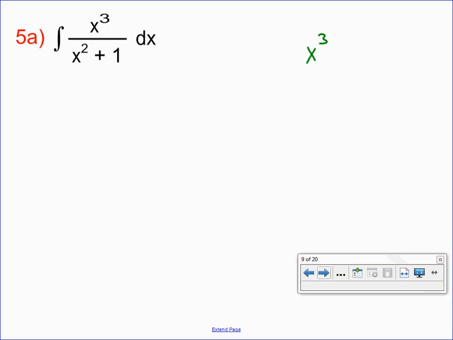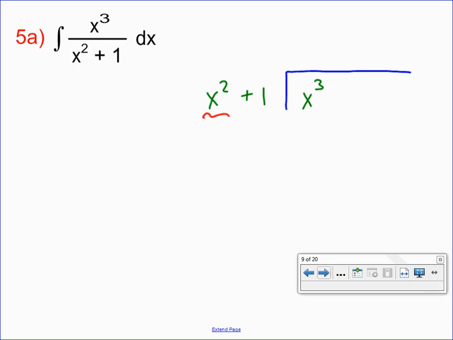We'll make x cubed, and we'll divide it by x squared plus 1. And we'll focus in on our dominant. We'll say x squared times what equals x cubed.